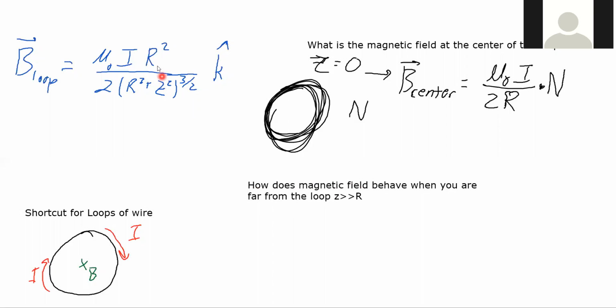So this magnetic field equation gets simplified, and we get this. Magnetic field becomes, I still have my mu0, still have my I. So I have my R squared, and on the bottom, it just becomes 2Z cubed.